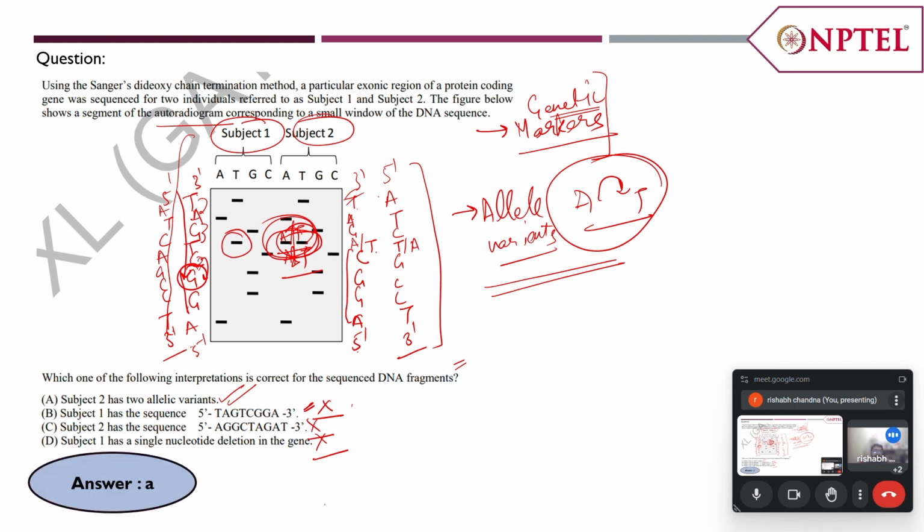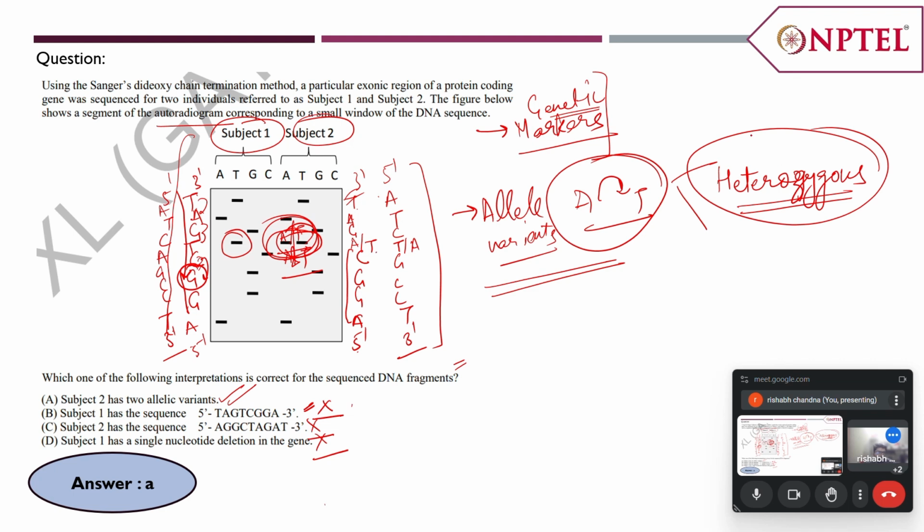Okay, and here it can also be the case of heterozygous individuals. So I hope you guys know what is heterozygous. If not, then I can explain. So in case of heterozygous individuals, what will happen?